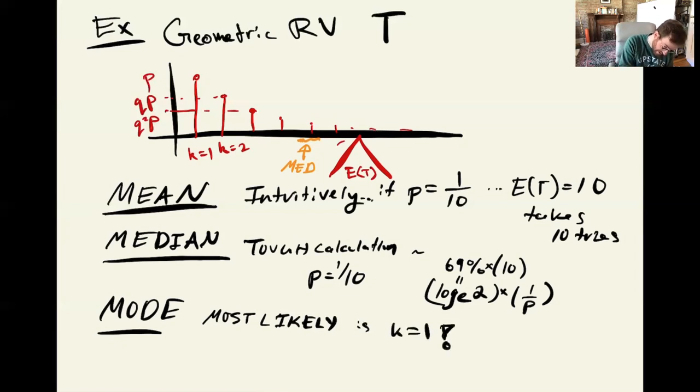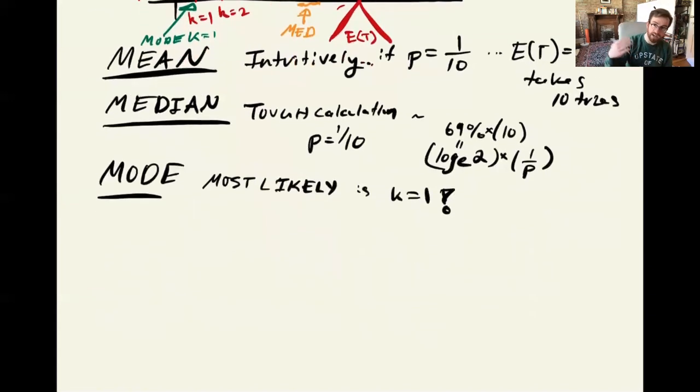So this ends up being our mode, K equals 1. So all three of these things are different. In order to understand this for the binomial, we're going to need a little more machinery, so I'm going to put that off for another lecture. Let's go do some more basic examples, things like rolling dice and what have you.